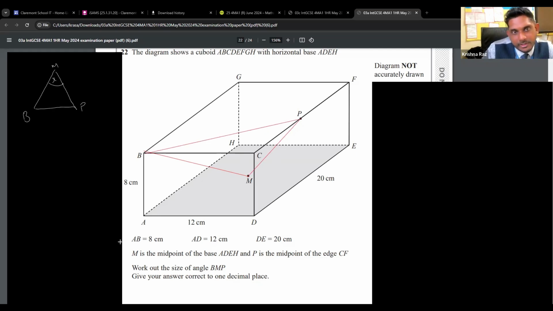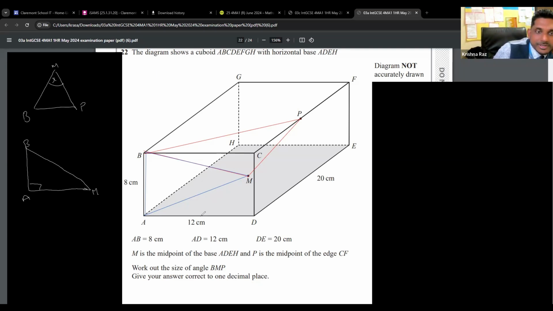Ideally, we need to figure out what that length BM is, which we can do by creating this triangle here. The right angle triangle ABM contains the length BM, which we can find by using Pythagoras' theorem.